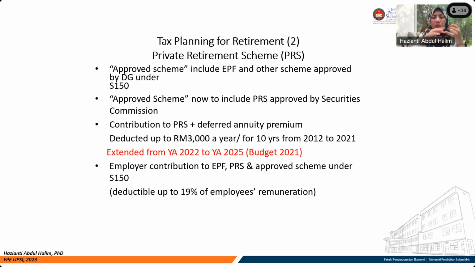So year assessment 2021, 2022 dia agak berbeza sikit. Tapi bila now balik ke 2023, most of the relief ni dia back to normal. Ada nanti mana yang saya jumpa ni, I will let you know lah mana yang berubah tu. So for yang merah ni, before this sampai 2021 je, but dia extend sampai 2025. So now kita nak buat 2023, masih ada lagi lah.